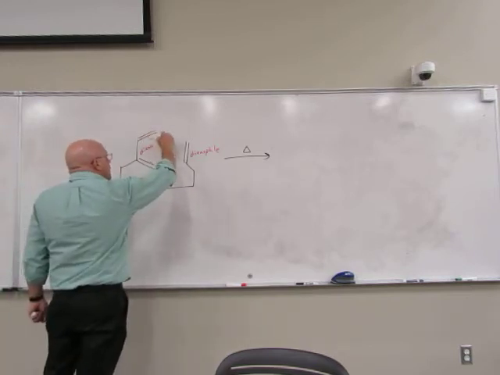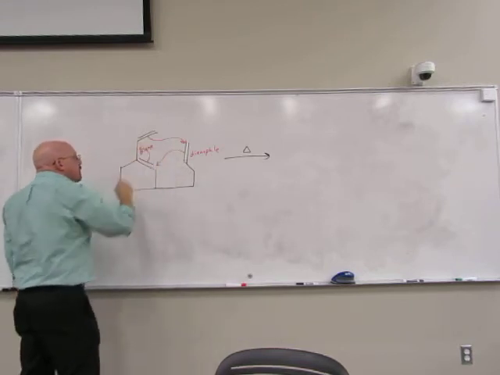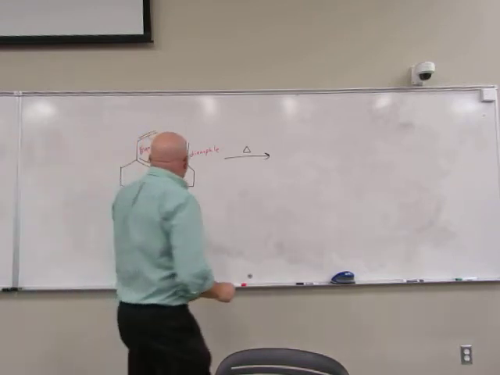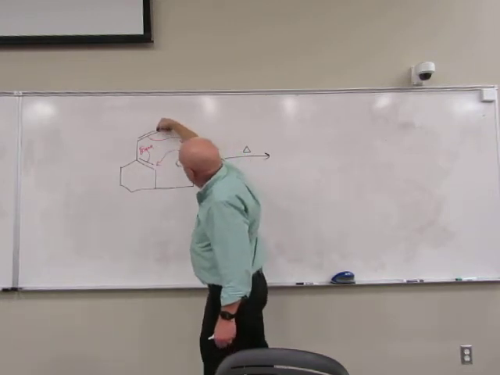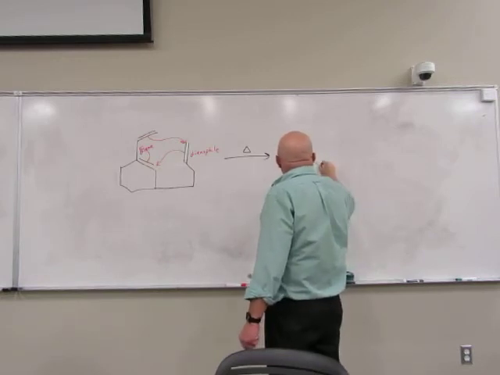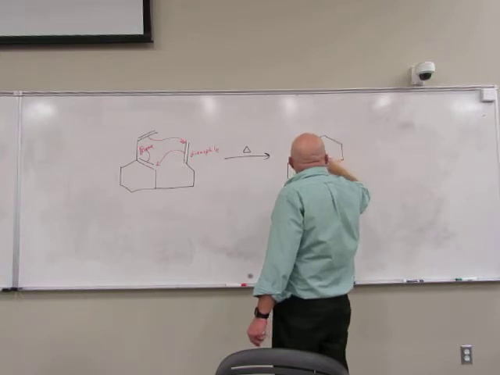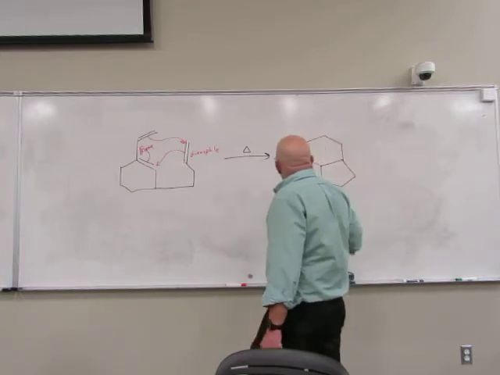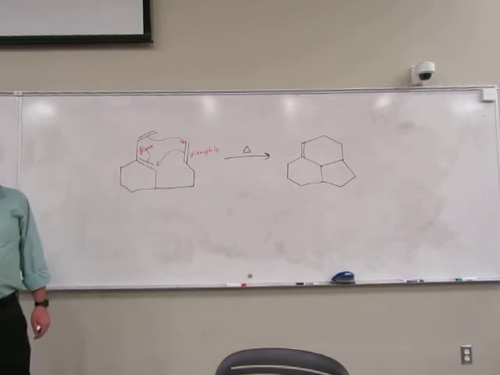We do the same reaction like we do on a regular Diels Alder. I'm forming a single bond across here, and forming a single bond across here, placing a double bond there. There's the product, and that works very well.